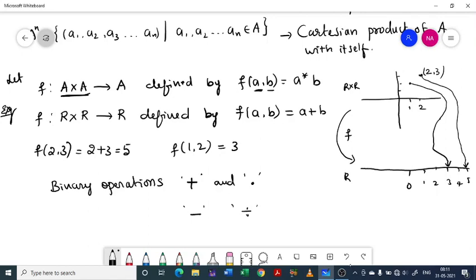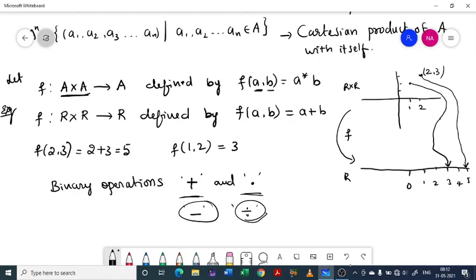If you consider any set R or Z or N, the set of natural numbers, plus and dot work well, but minus and division have some limitations. They don't work well with the set of natural numbers or the set of integers. So we restrict ourselves to plus and dot because they are very good with any set.